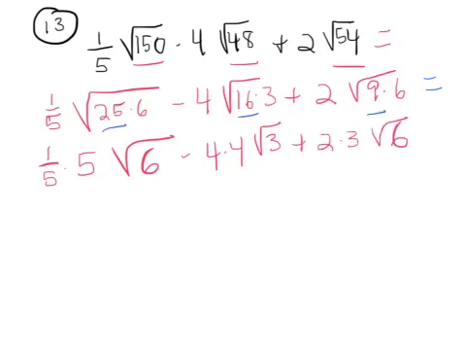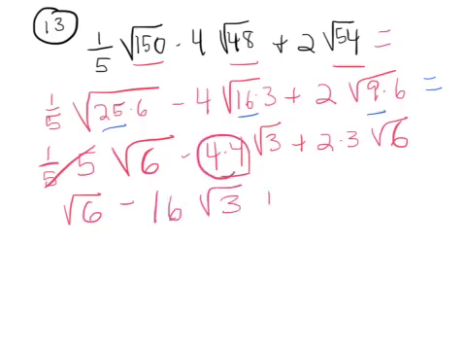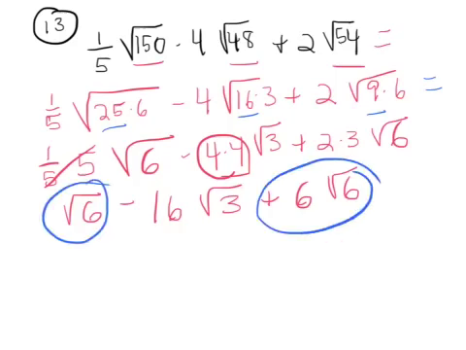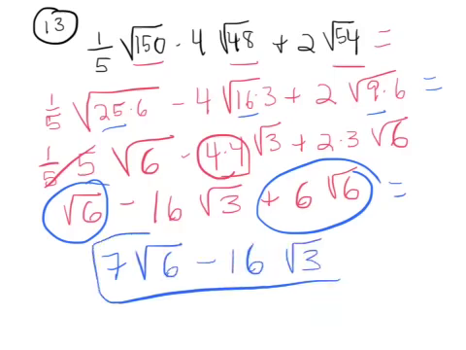Let's just clean that up a little. 5 times 1/5 is 1, so I've got radical 6 minus 16 radical 3, plus 6 radical 6, and now just combining my like terms, 6 radical 6 plus radical 6 is going to give me 7 radical 6 minus 16 radical 3. That's my simplified answer.